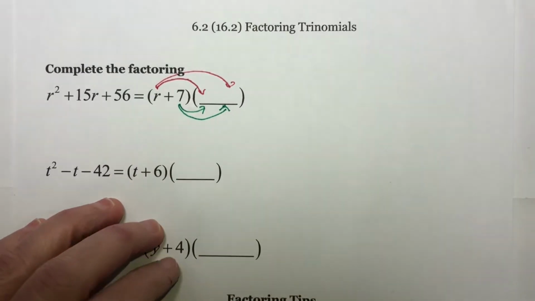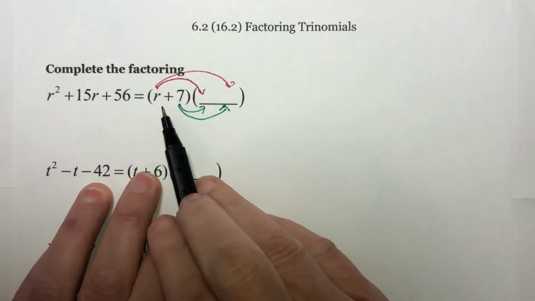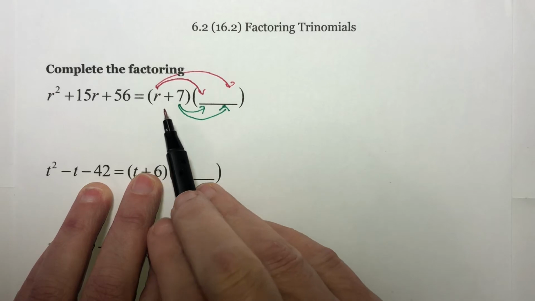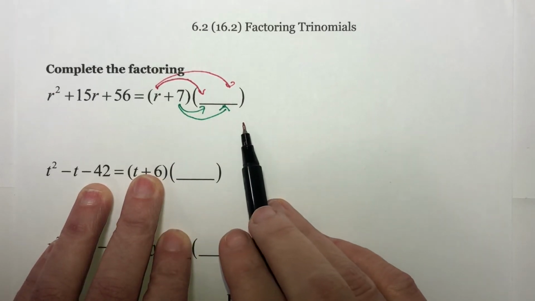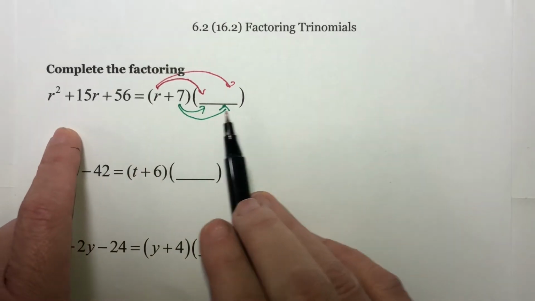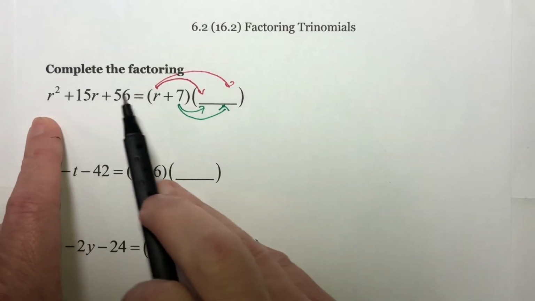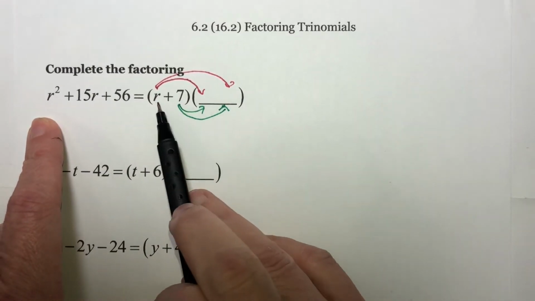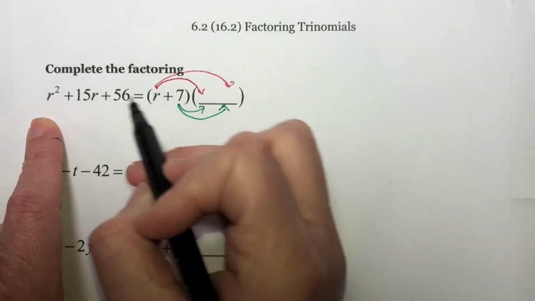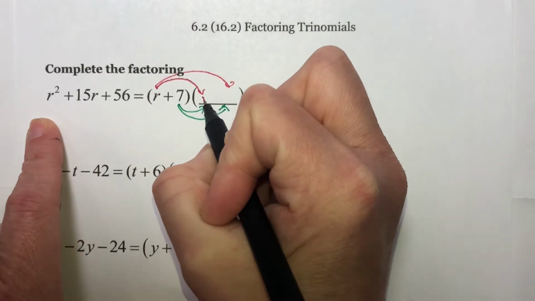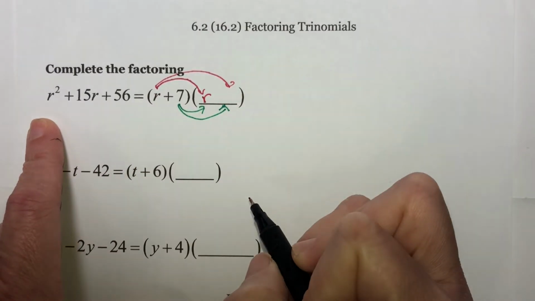Well, eventually we're going to have to come up with this part as well. But what we're going to do is make a good guess and then check it. Most of the time, your square term comes from multiplying your first numbers together. So since this is an r and I want an r squared, my guess is that that's an r.